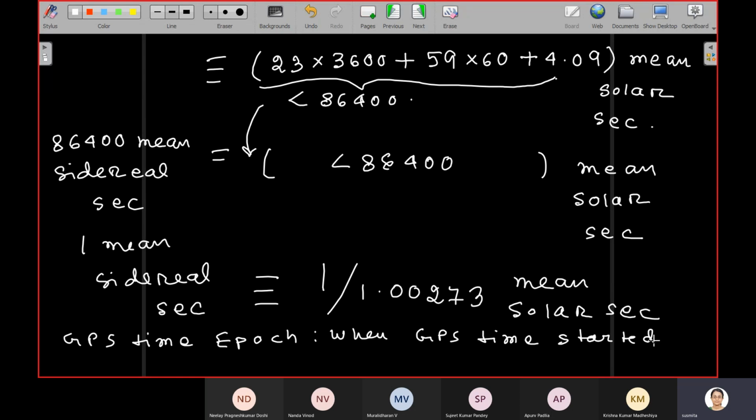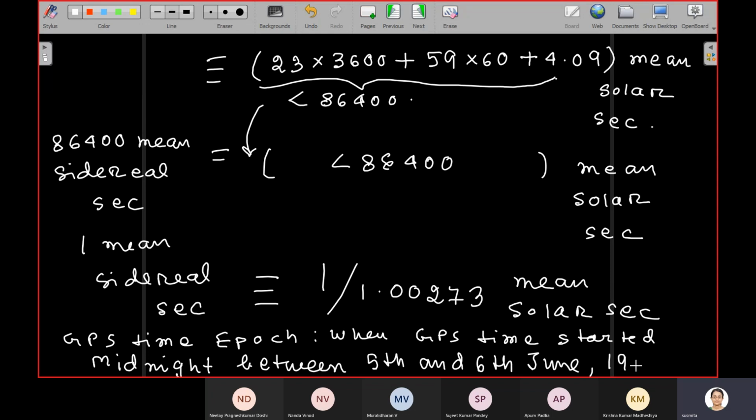So at midnight between 5th and 6th January 1980 UTC, GPS time started.